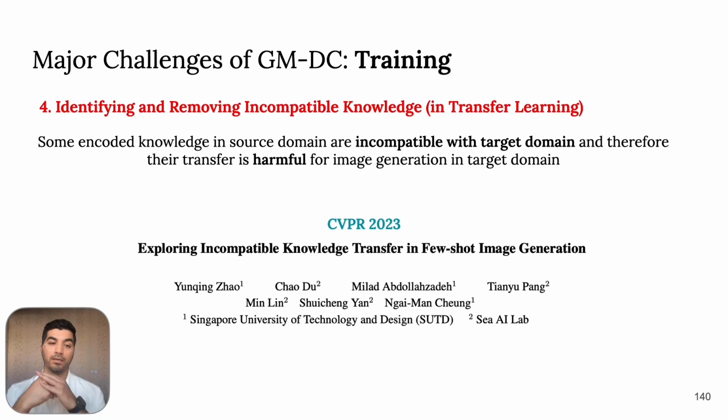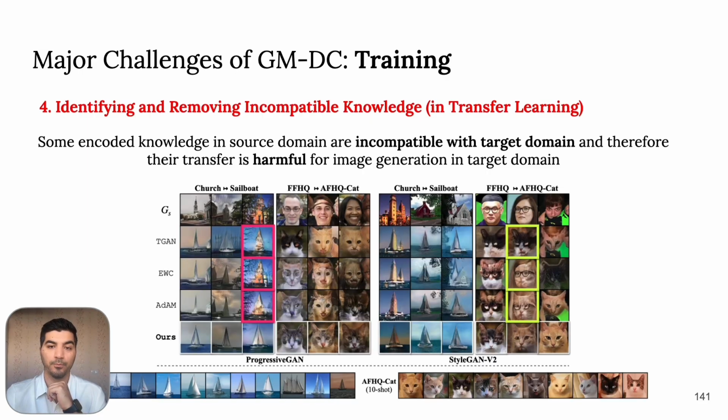And if we transfer this knowledge, it will be harmful for image generation for the target domain. As an example, consider that the source domain is church and the target domain is sailboat. Usually we have some greenery in church, which is incompatible knowledge for the sailboat domain because boats are in the middle of the sea and we usually don't have greenery in the middle of the sea.